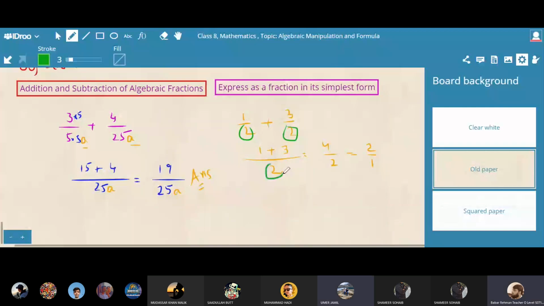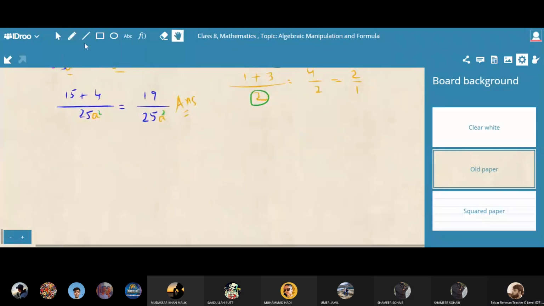Only 2. So in the same way we will write a. If a square is here, we will write the maximum power over here.